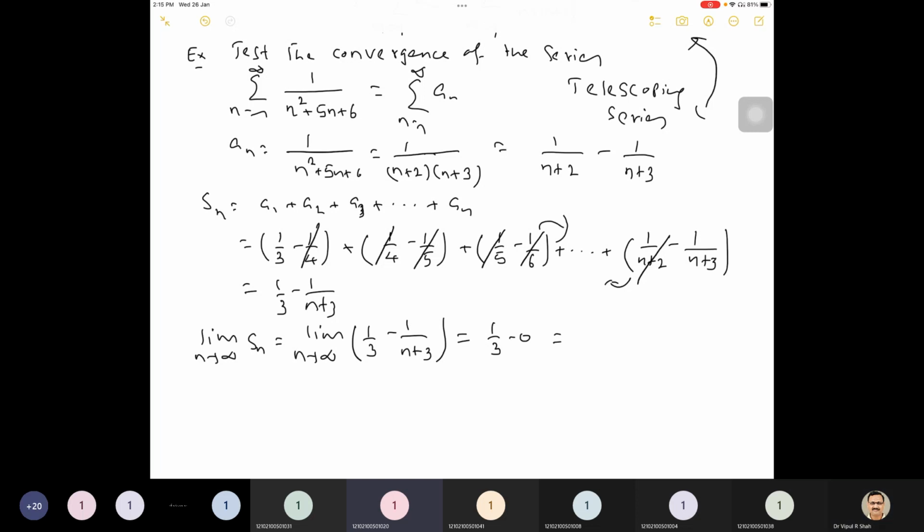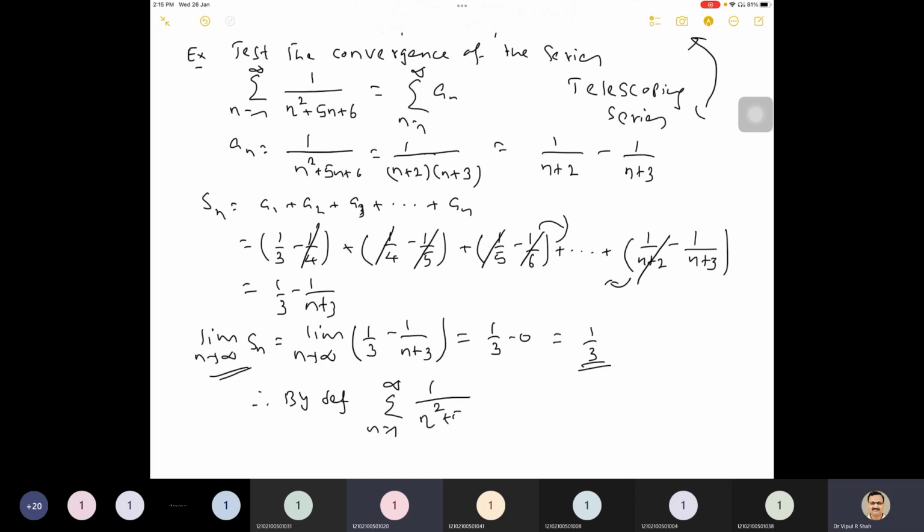So what you are getting now? 1 by 3. So the sequence of partial sums converges to L, and therefore, by definition, this infinite series converges.